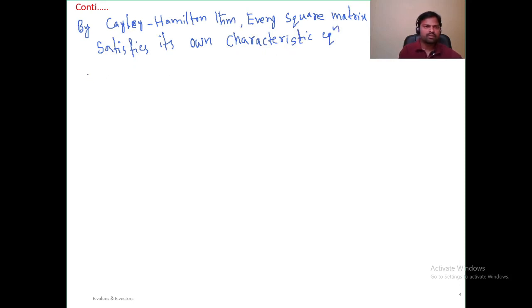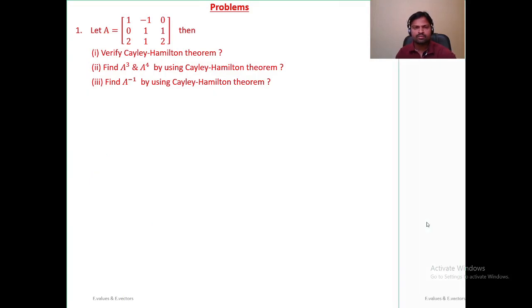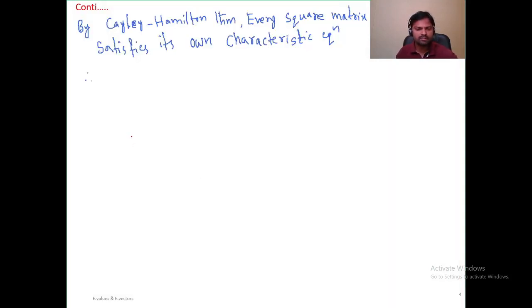So based on this, therefore, assume this equation is number 1, okay. So equation number 1 implies lambda raised 3 minus 4 times lambda raised 2 plus 4 times lambda plus 1 equal to 0. Is it? Check once.